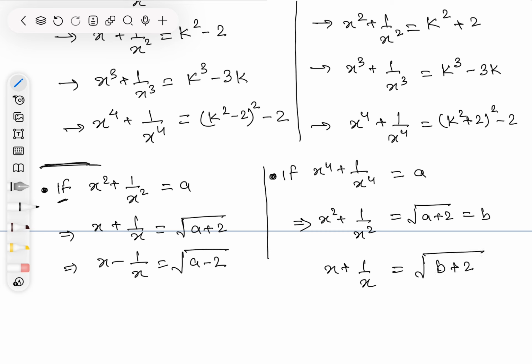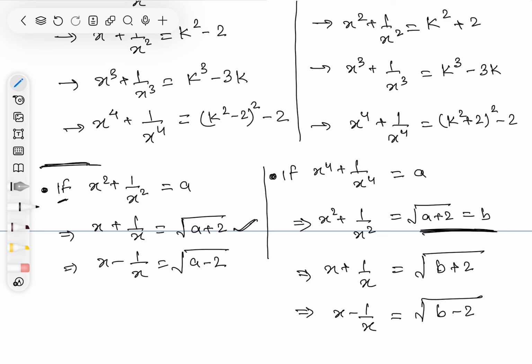The same result from the left hand side. I have assumed it as b, and I'm using this formula now. So I'm getting this result. Similarly, if I want x minus 1 by x, it will be root of b minus 2, where b is already root of a plus 2.